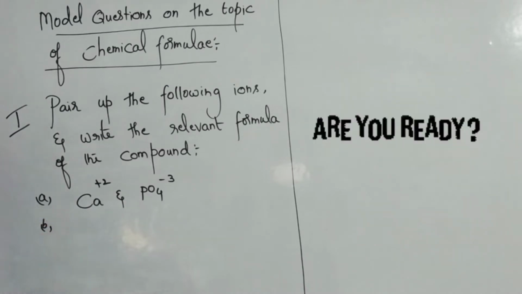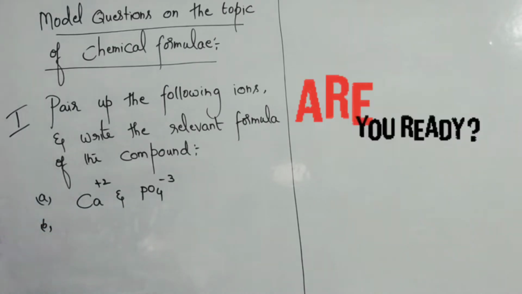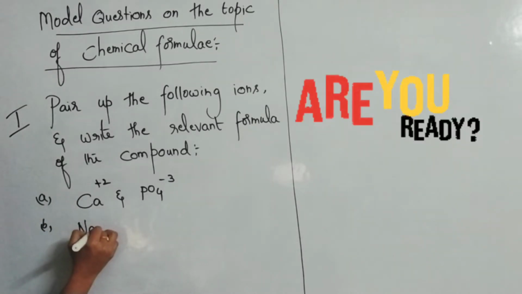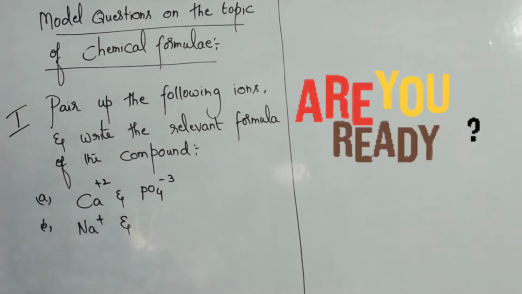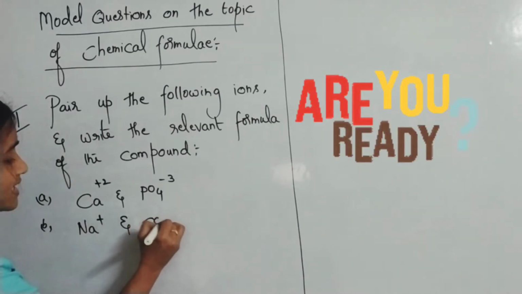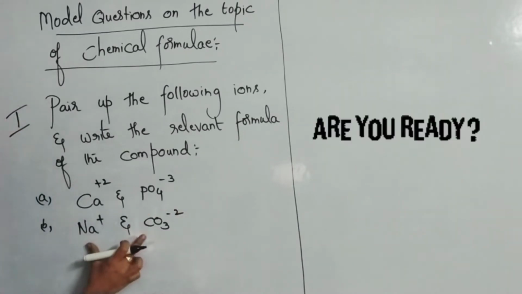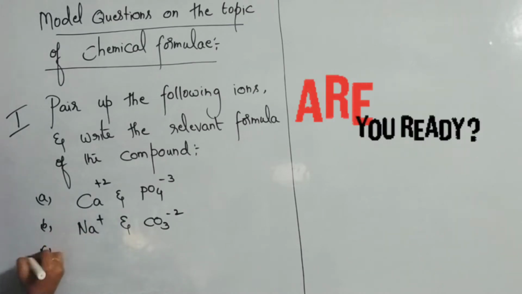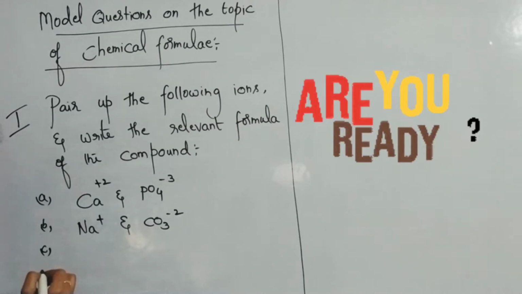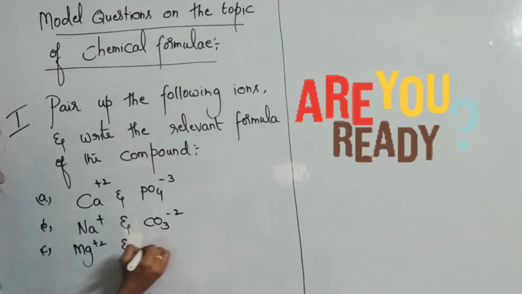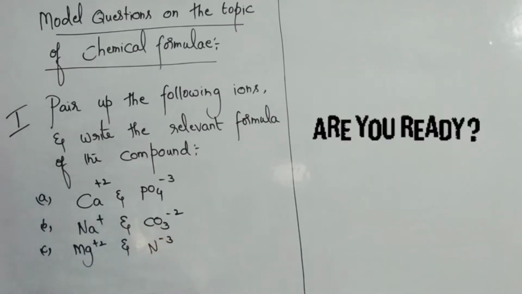Similarly you have a few more examples. Na plus and CO3 minus 2: pair up these two and write the formula of the compound. Example 3, Mg plus 2 and N minus 3.